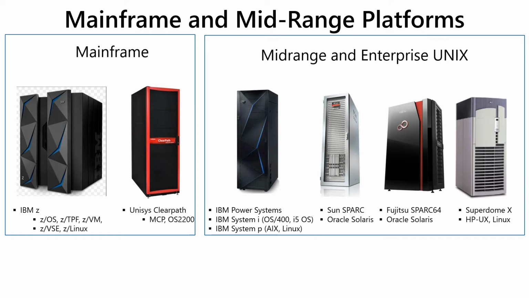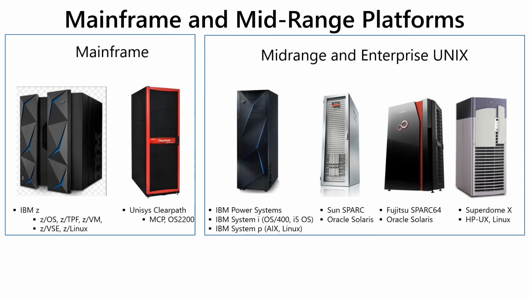I do see that a fair amount with retailers, but there's also another type of system, and that's the Power platform, running AIX or Linux. So there's a fair amount of those out there, especially if we get into stores.